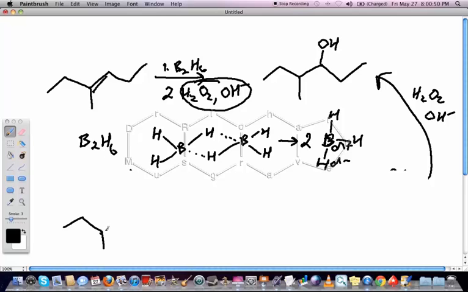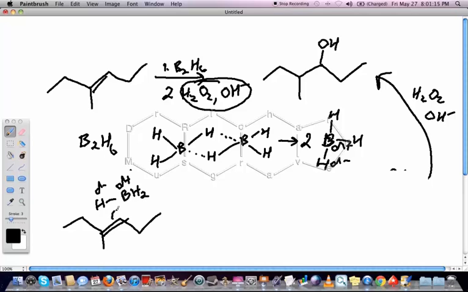Now I know that in the way I explained it earlier, I split up the BH3 into BH2 plus and H minus, but in reality they remain bonded throughout the course of the reaction. So explaining what I did before, we know that that's delta plus and that's delta minus.